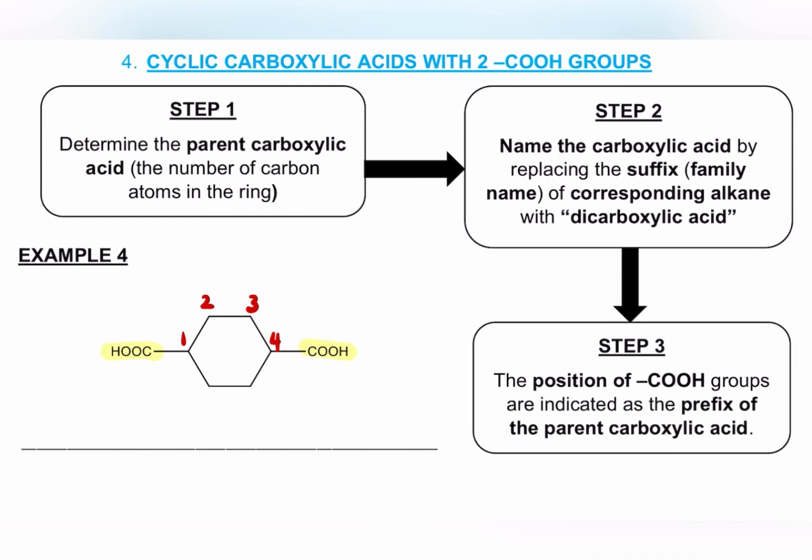So I'm going to indicate the numbering: at position carbon number 1 and 4, dash. The cyclic will be cyclohexane, and because there are 2 carboxyl groups, the name will be cyclohexane dicarboxylic acid. So this is the name for example 4.